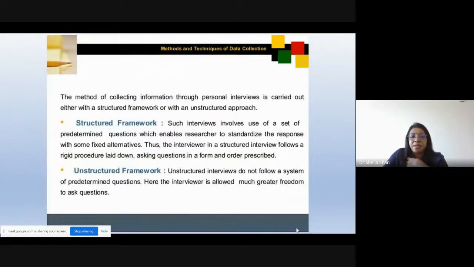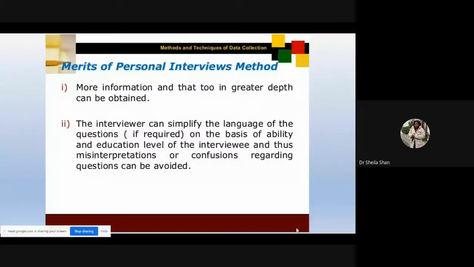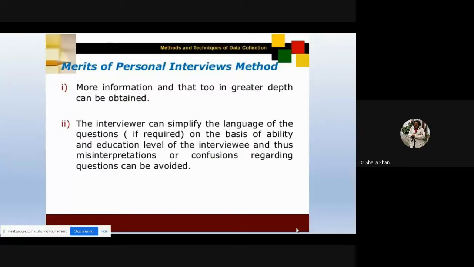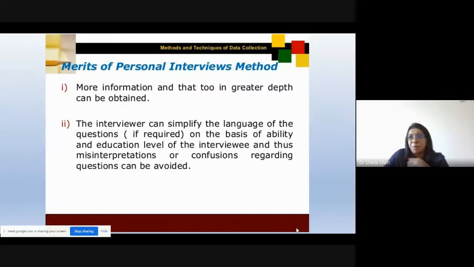The method of collecting primary data depends on your framework, whether your framework is structured. There are less chances of misinterpretation.